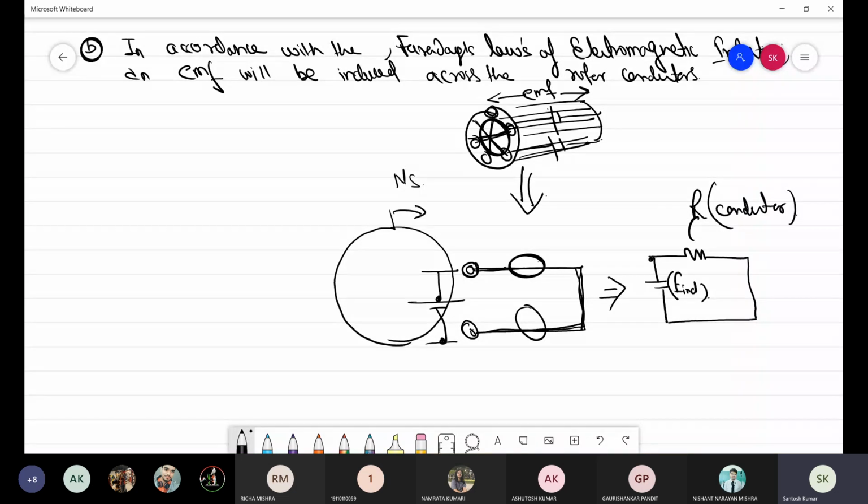If it is a very good conductor, it will be having very less resistance. If it is an average conductor, it will be having an average resistance, but it will be having a resistance. Okay, since it is short circuited, any EMF source which is short circuited will lead to the flow of a current. This is the rotor current. So rotor conductors will be automatically carrying a current.